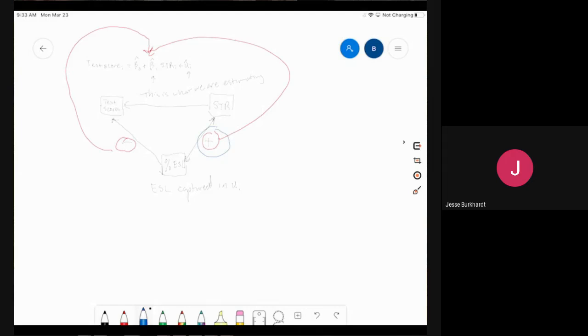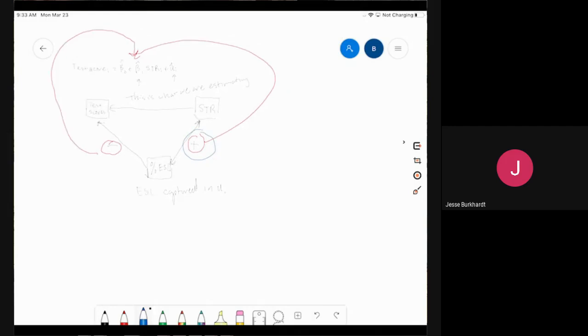So we can test for correlation between percent ESL and student-teacher ratios. We can just estimate the correlation. If it turns out that the correlation equals 0, then we don't have a problem. But if the correlation does not equal 0, then we do have a problem.